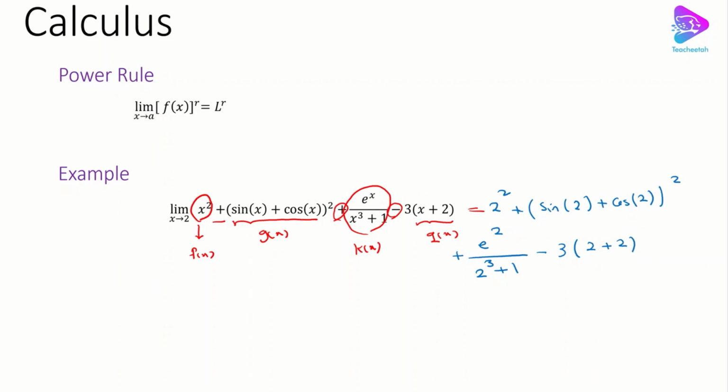Finally we have to calculate each of these terms. I'm not going to calculate each of these terms because it is not the main aim of this lecture. You can easily calculate it with your calculator.